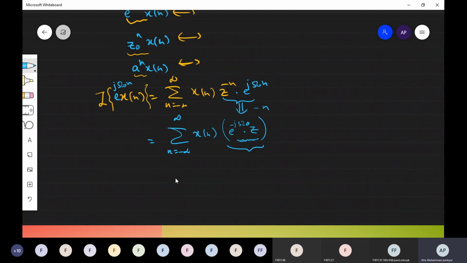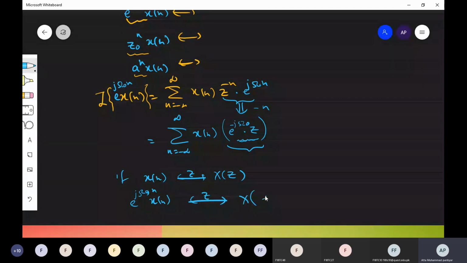So we can say that if x of n has z transform x of z, then e to the power j omega naught n times x of n has z transform x of e to the power minus j omega naught z, right?